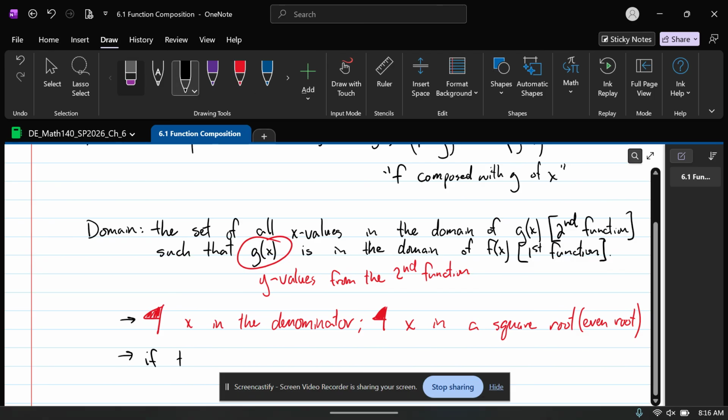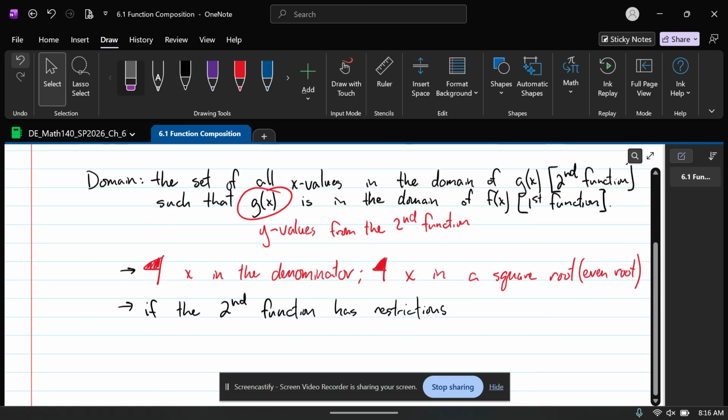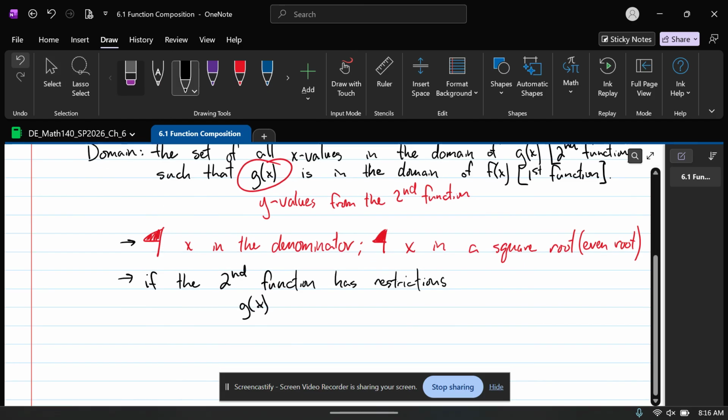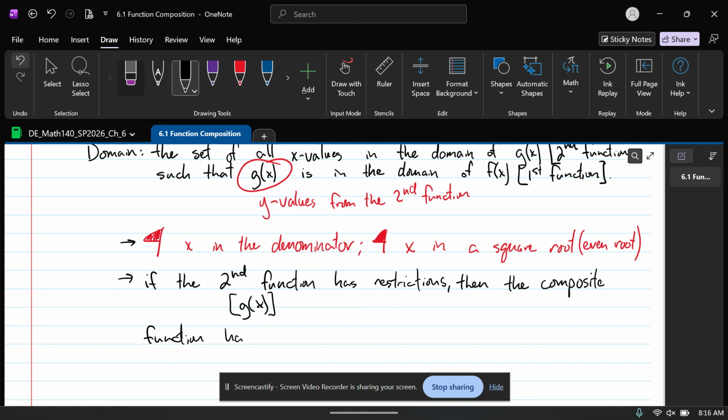If the second function has restrictions, and when I say second function, I mean g of x, the one listed second in the composition statement, then the composite function has those same restrictions.